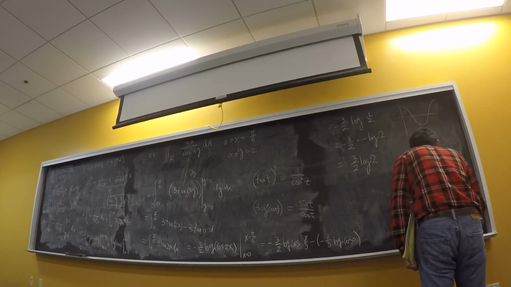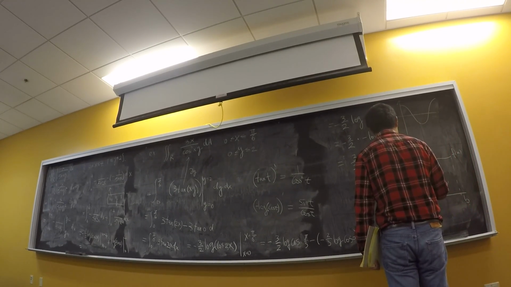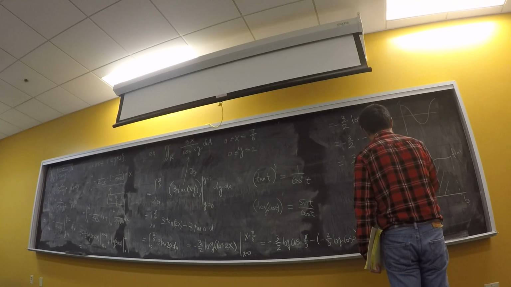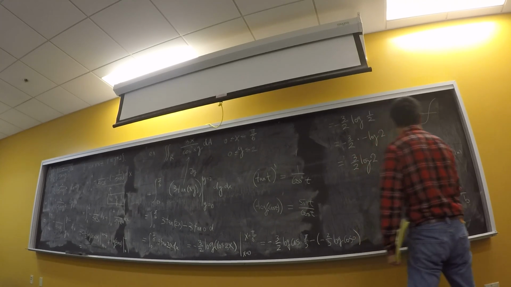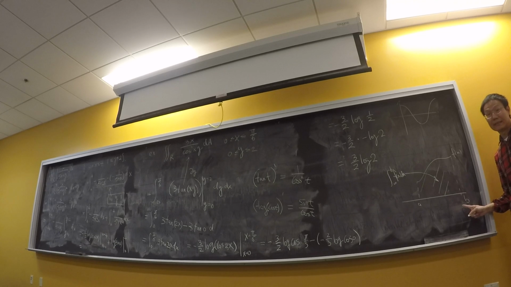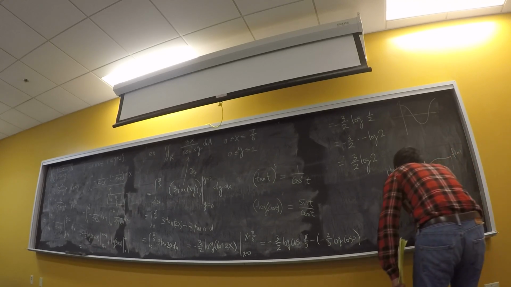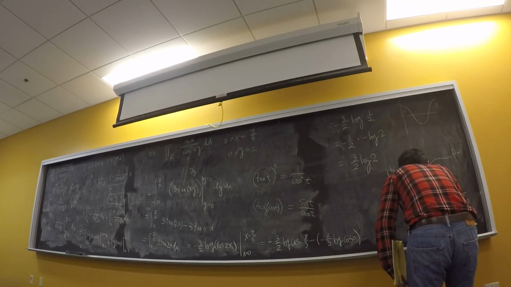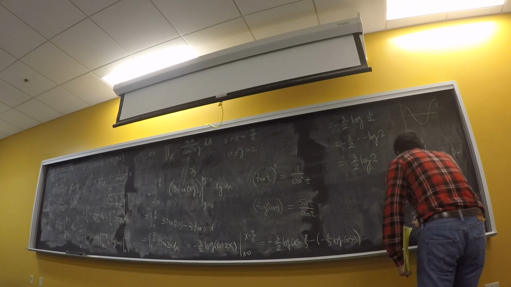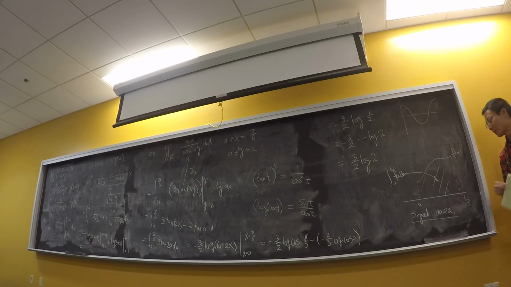And also, if the curve is below the x-axis, we're supposed to count the area as negative. So it's essentially a signed area. A single variable integration is talking about signed area.